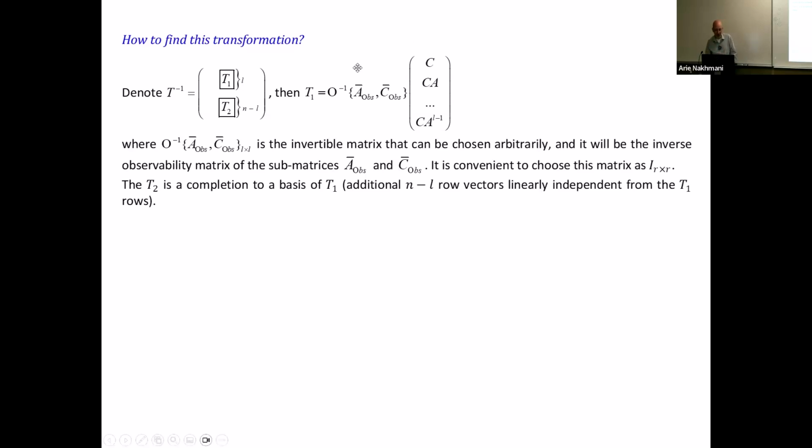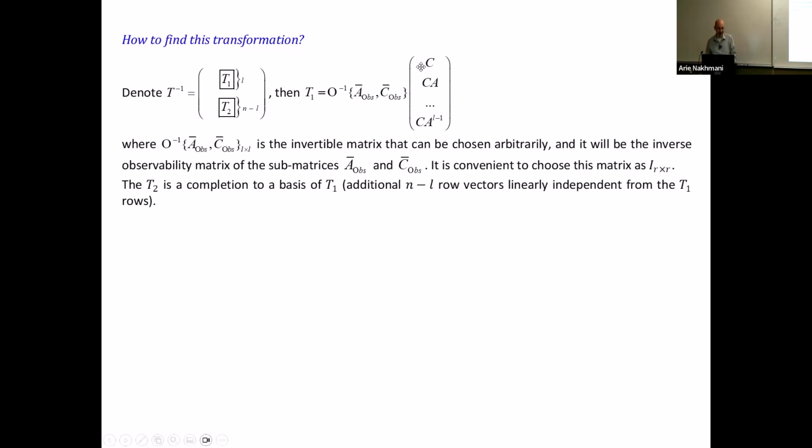Then you multiply on the left by an L by L invertible matrix of any kind, pick your matrix. Similarly to last time, this will be your inverse observability matrix of the observable block. You can pick it to be I or any other matrix; I is just easier, you don't need to multiply anything.